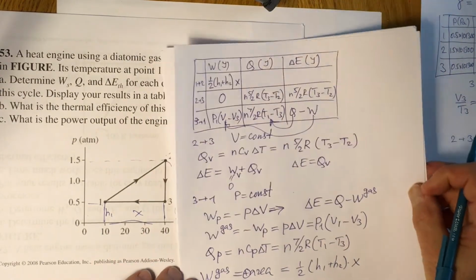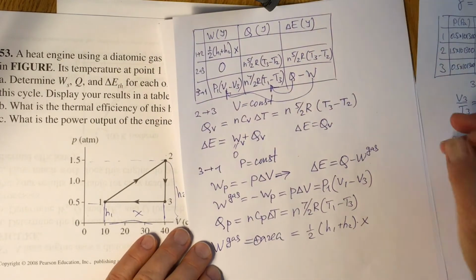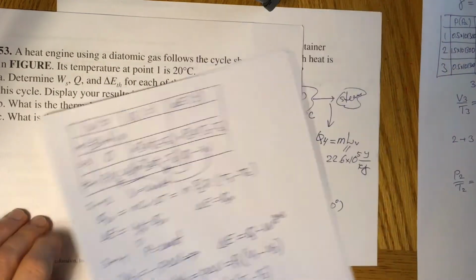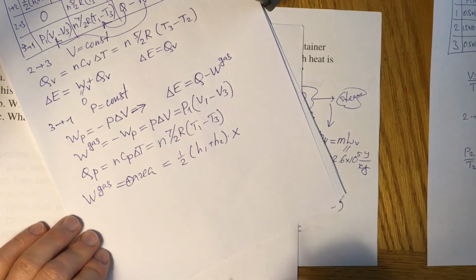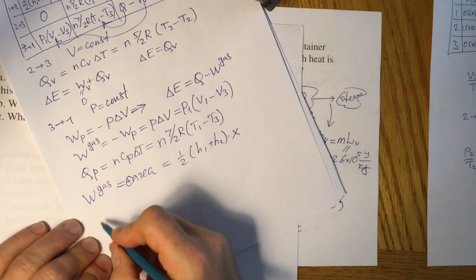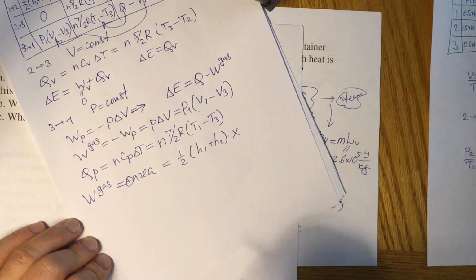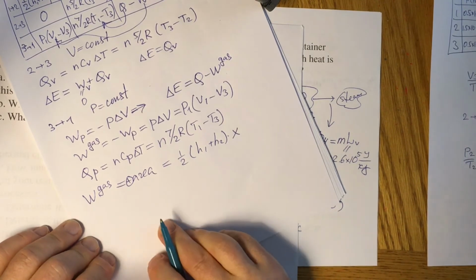Now next, what to do with the Q? We don't have any formula for the Q for an arbitrary process, so we will use a very, very important fact about ideal gas. The internal energy of the ideal gas depends only upon temperature.